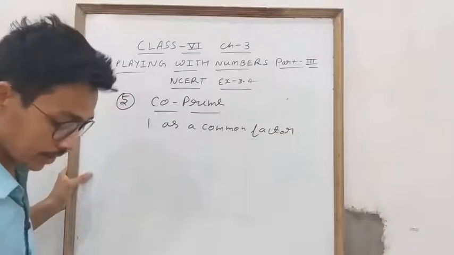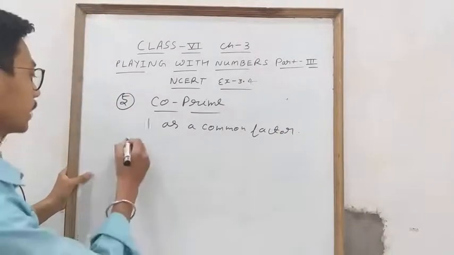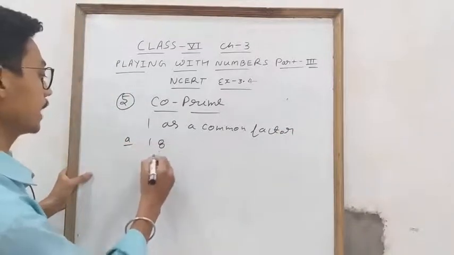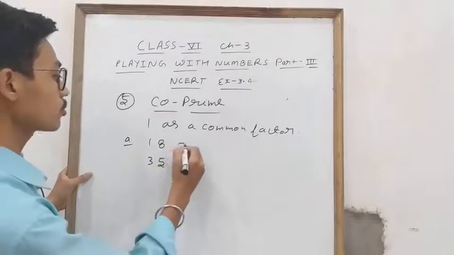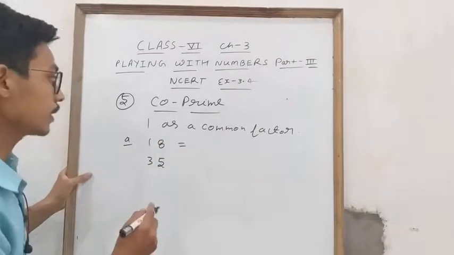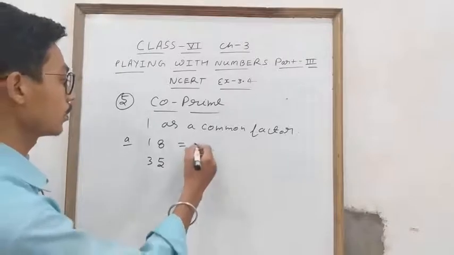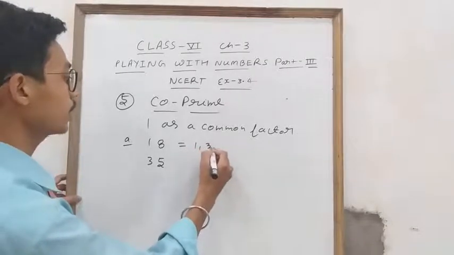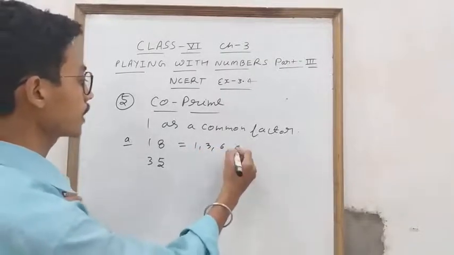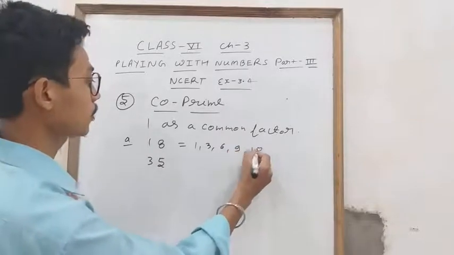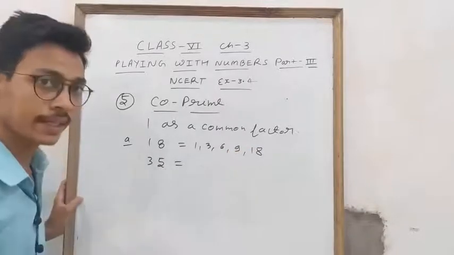Clear student? For example, here I am going to take question A. It is given 18 and 35. So student, what are the factors of 18? You can write down 1, 3, 6, 9, 18.